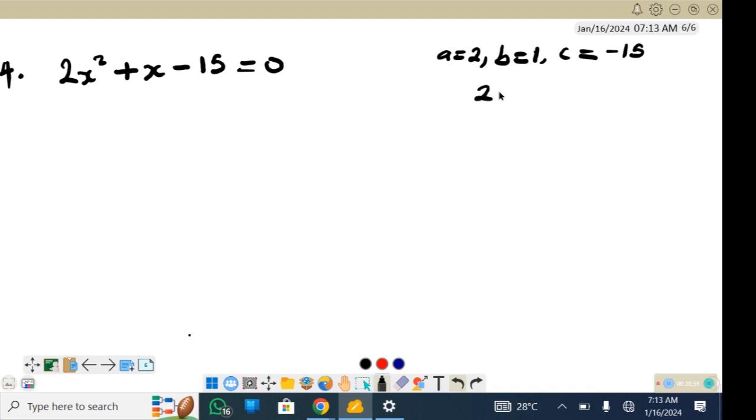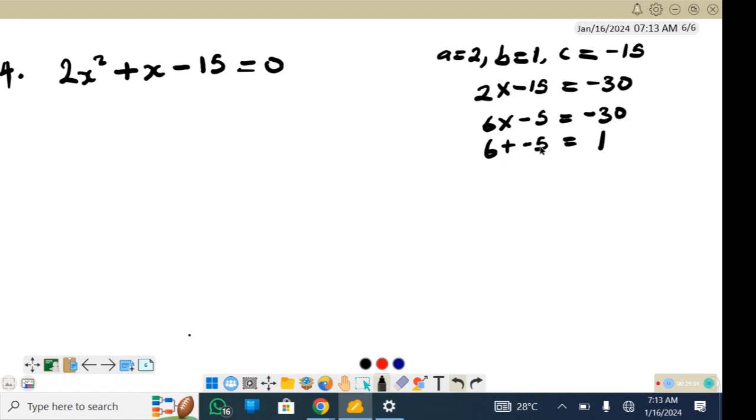So we multiply AC, which is 2 times minus 15. That will give us minus 30. So we look for two values that will multiply to get minus 30, and when we add it, we are going to have 1. So I think that will give us 6 times minus 5. That will give us minus 30, and 6 plus minus 5, that will give us 1.